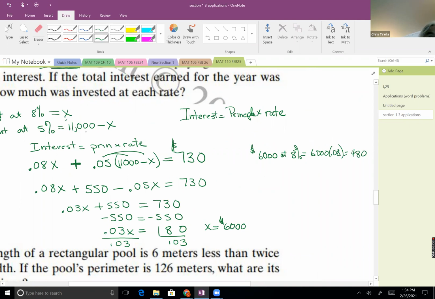And then if I look at 11,000 minus 6,000, I'd have $5,000 at 5%. And so multiplying, that would give me $250. And so when I look at the total interest, when I add those, I get $730 and it checks.